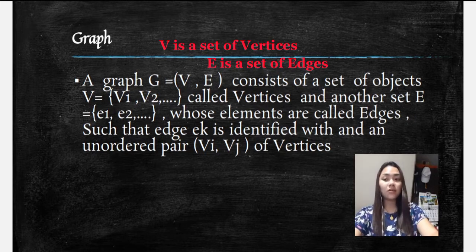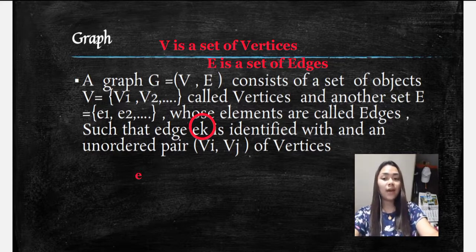Elements of the set E are e1, e2, e3, and so on. Each edge ek is identified with an unordered pair of vi and vj. That is, for each edge ek, we can write the unordered pair vi and vj.